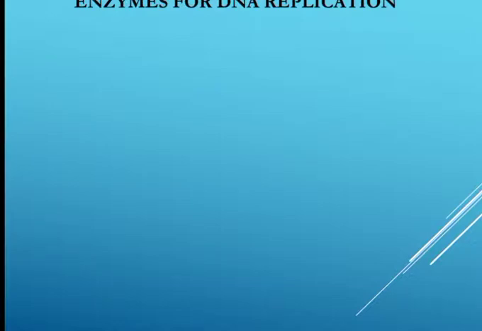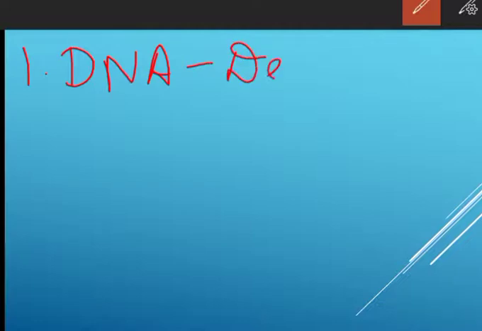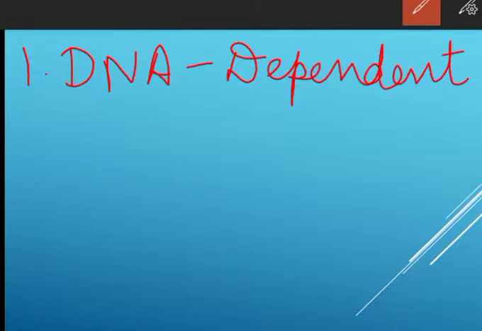Now we will study about enzymes for DNA replication. The process of replication requires a set of catalysts, that is enzymes. Number one is DNA dependent DNA polymerase.